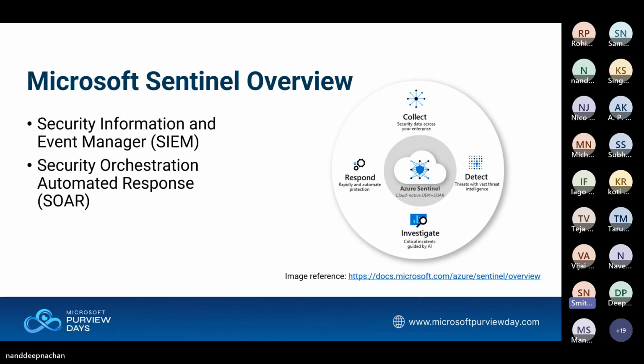Azure Sentinel also helps us collect data at cloud scale across all the users, devices, applications, and infrastructure, both on premises as well as in multiple clouds. It also detects previously undetected threats and minimizes false positives using Microsoft Analytics and unparalleled threat intelligence.